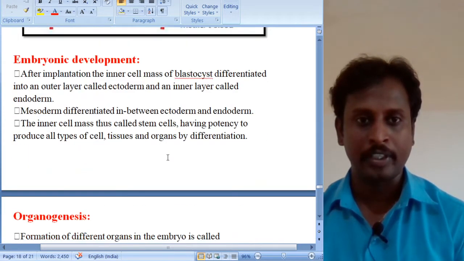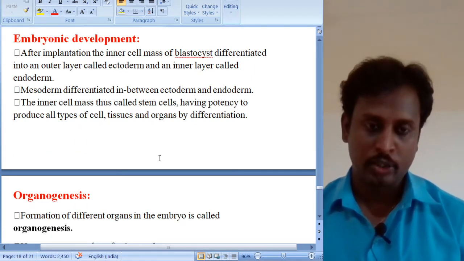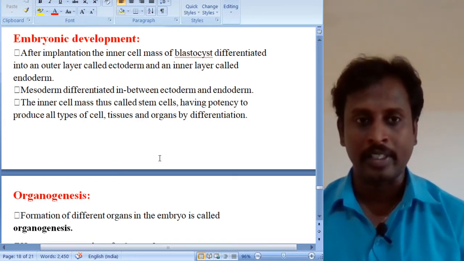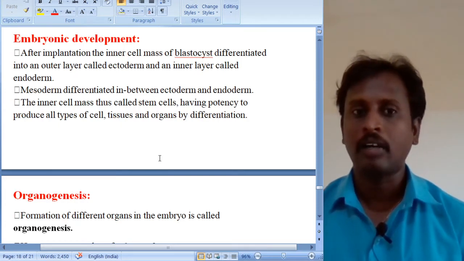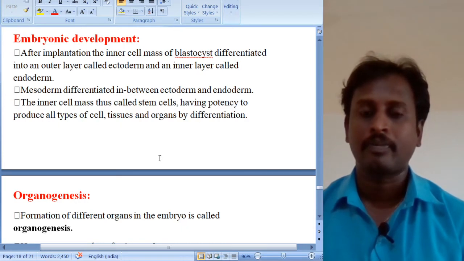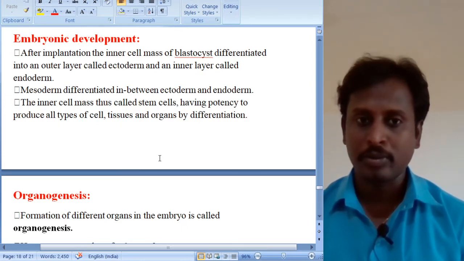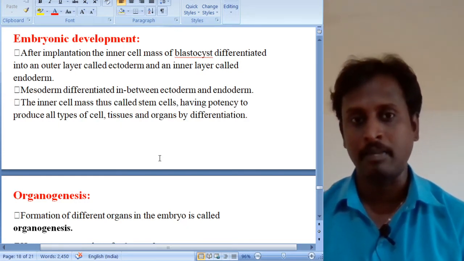Next, let's go to embryonic development after implantation, how embryonic development takes place in the mother's uterus. After implantation, you already know the blastocyst. The outermost layer is called the trophoblast cells and the innermost cells are called the inner cell mass.